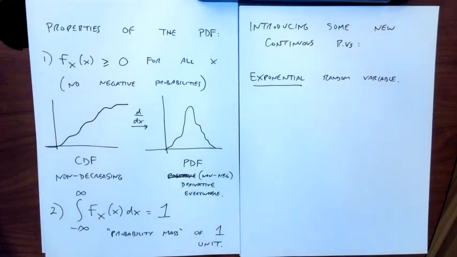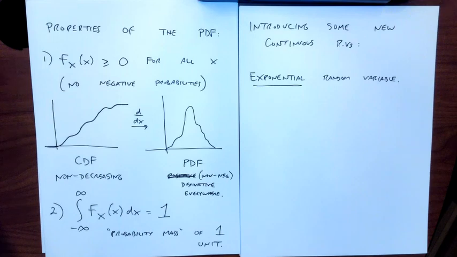This one comes up a lot in electrical engineering applications. Just to back up a little bit, we often observe in the natural world what kind of behavior a natural phenomenon seems to be exhibiting. And it turns out that the exponential random variable is good at modeling things like how long a device lasts before it breaks, or the time between arrivals of packets in a communication network, or the time it takes to receive service in some sort of queue.